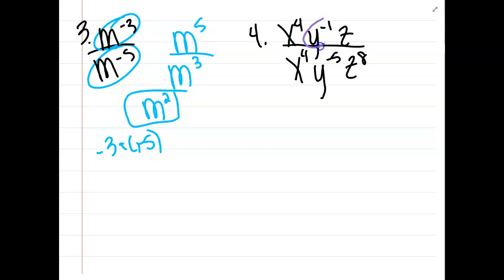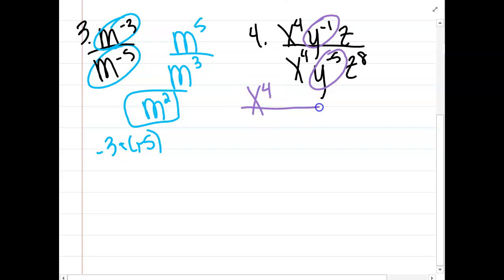So, y to the negative 1st, y to the negative 5th, I'm going to make those positive. I'm going to leave everything else the same. So the x to the 4th, the x to the 4th, the z to the 8th, that part's not changing. None of those have a negative exponent. But basically what I'm going to do is just flip the y. So the y to the 5th goes to the numerator. The y to the 1st goes down to the denominator.